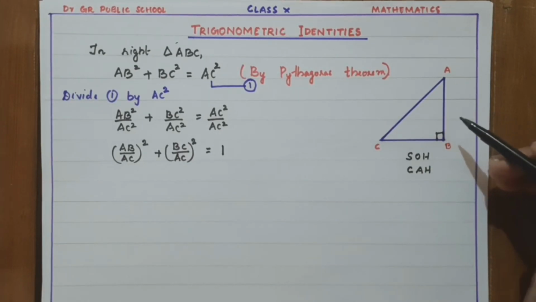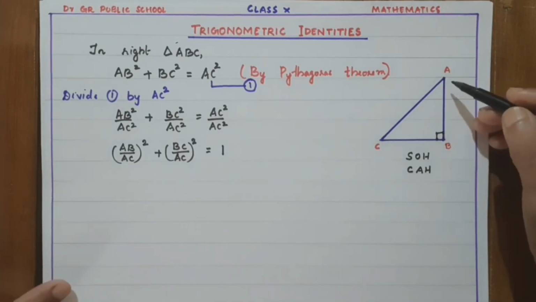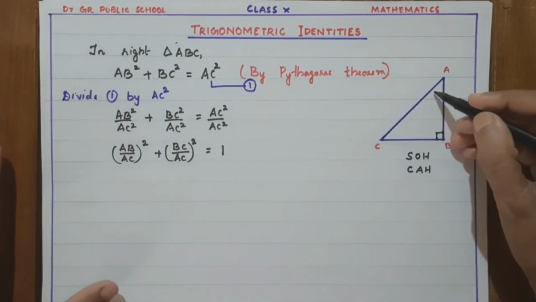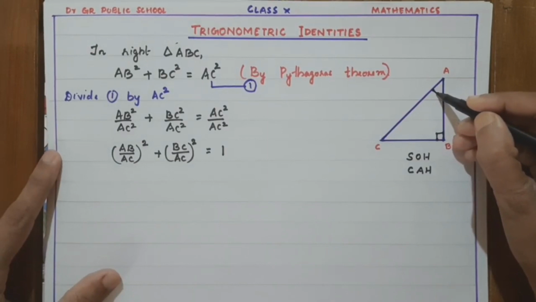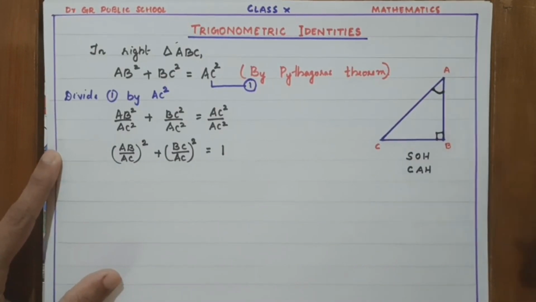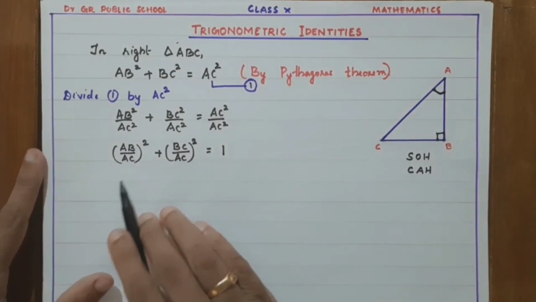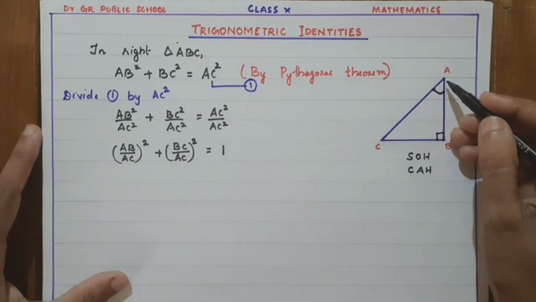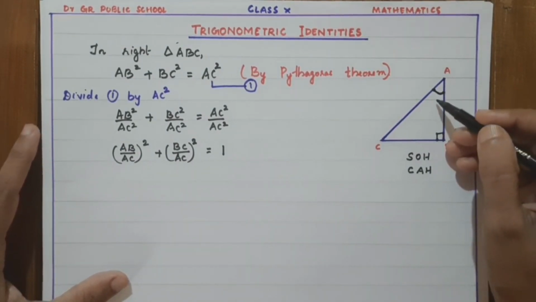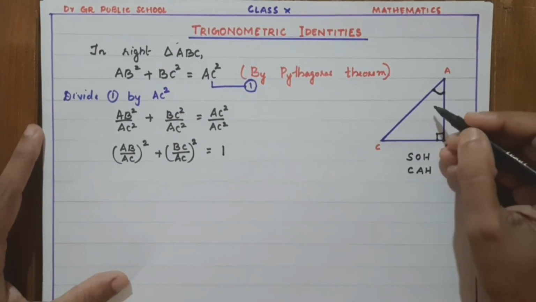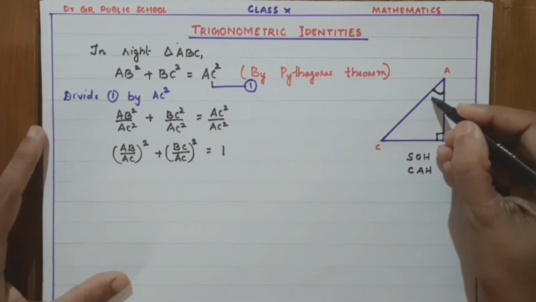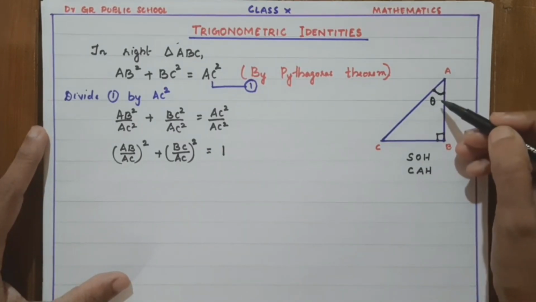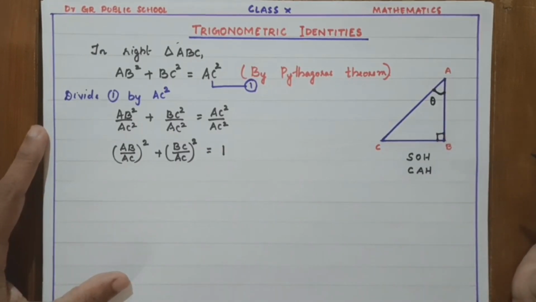So, here I am going to take this acute angle, angle A. Okay children? So, based on this angle A, let us see what AB and AC are. Here we can name this as angle A, but for easiness I am giving the name theta. So, I am representing angle A by theta.